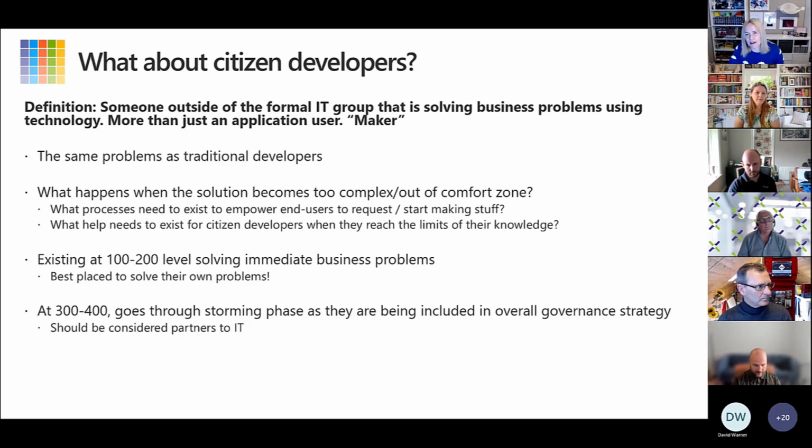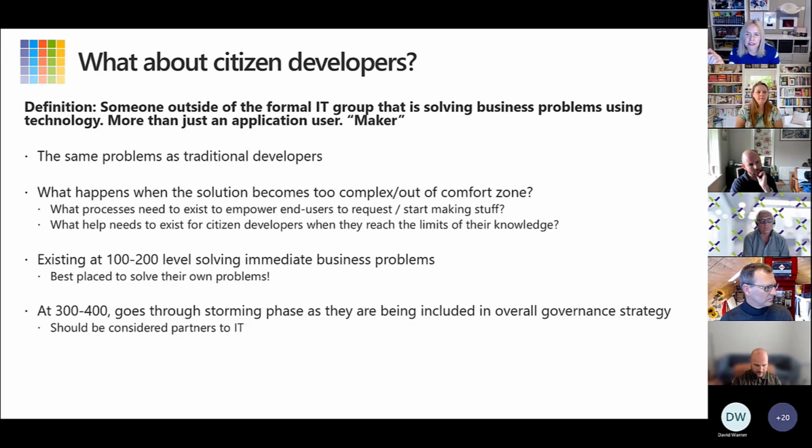Citizen developers generally start out as end users who like to tinker. They're generally quite driven, switched on people. They've got ideas on how to solve their own problems, and they might be a little bit frustrated that IT is a bottleneck they can't get past. So they start to research and become aware that there are tools that will allow them to build simple solutions that help them get things done more effectively.